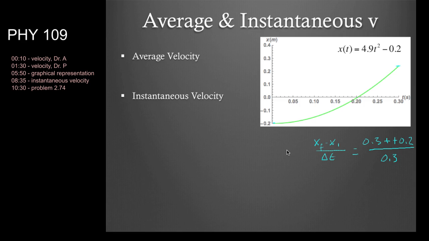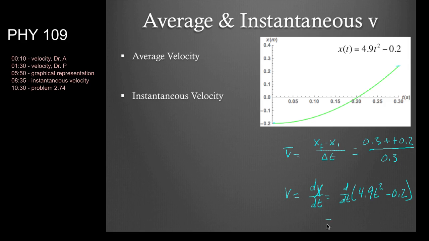And we could get a little bit more information by looking at the instantaneous velocity, and this is dx dt. So in order to do this, we can take the derivative of this function. So we're going to take d by dt of 4.9 t squared minus 0.2.